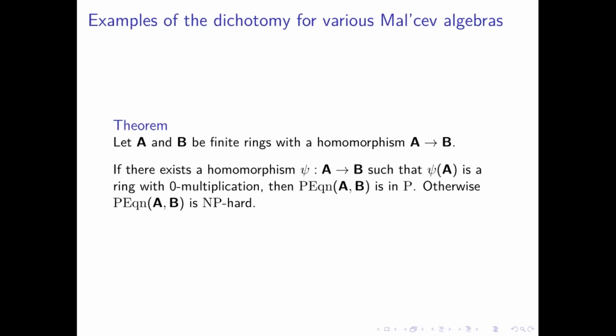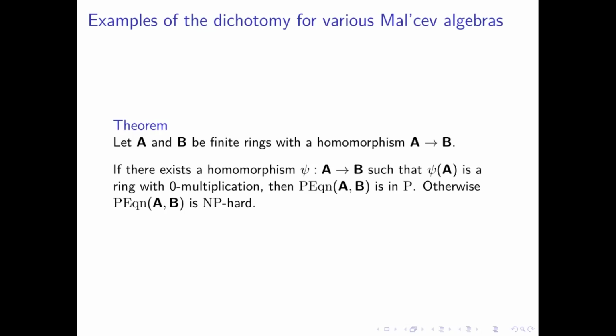For rings, again, you kind of just look at what it means for a Malsev algebra to be abelian. In particular, the Malsev term is going to have to commute with the other operations. The only way that's going to happen in a ring, in the image here, psi of A, is if the multiplication is a zero multiplication.